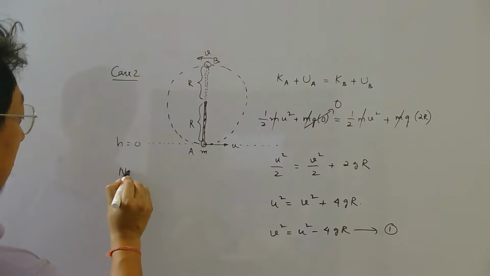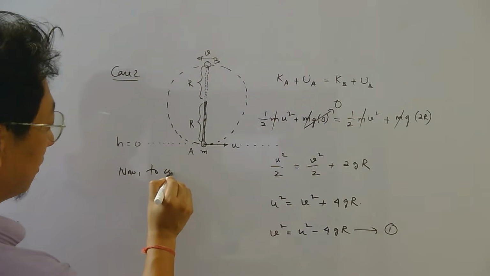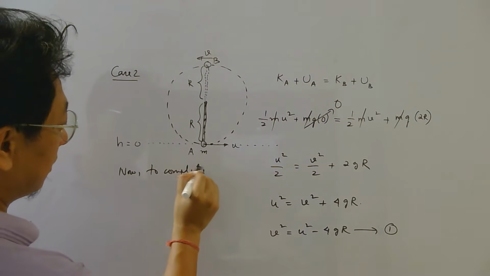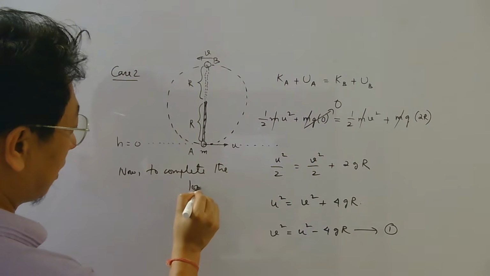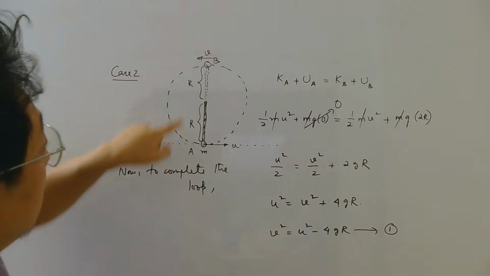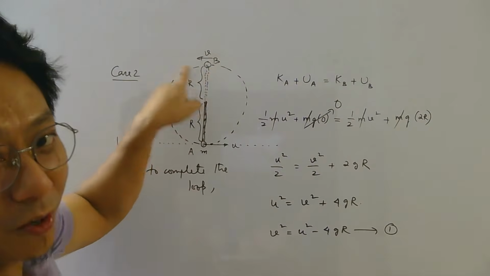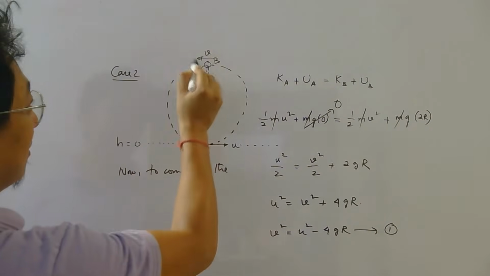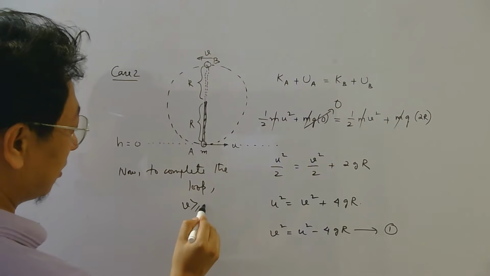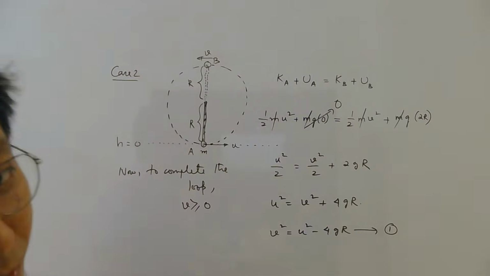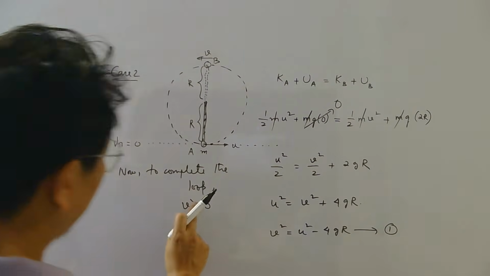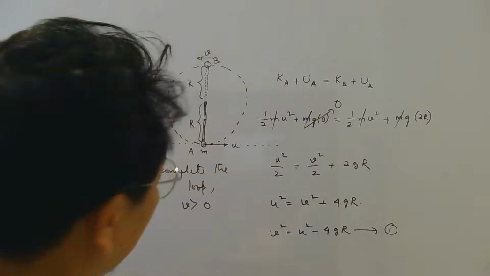Now, to complete the loop, what is important? I told you our body must at least reach the highest point with some velocity, meaning this v should be greater than or at least equal to 0. Better make it greater than 0, then only it will complete the loop.